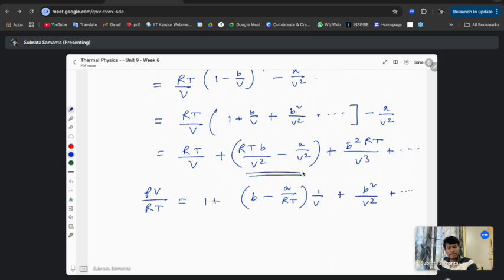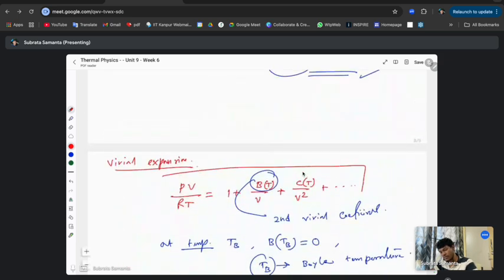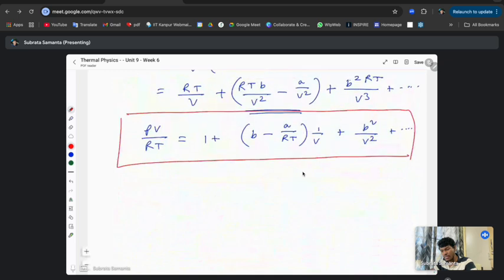Now we compare these equations to the virial expansion. The coefficient of 1 over V is B minus A over RT. So this is your BT: the second virial coefficient is B minus A over RT.